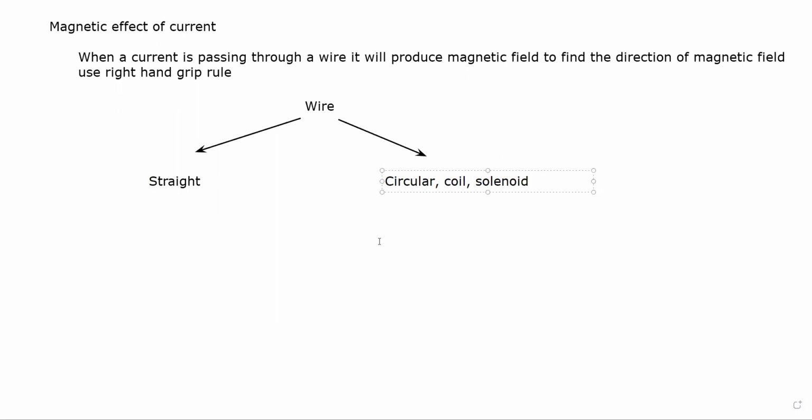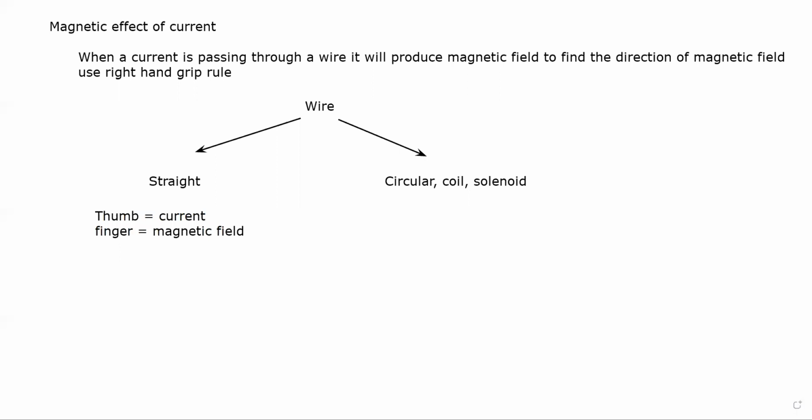A wire with many turns, many times turned around, we call a solenoid. So for a straight wire, the thumb will represent the direction of the current, and the fingers will turn to show the direction of the magnetic field. And that we did yesterday.